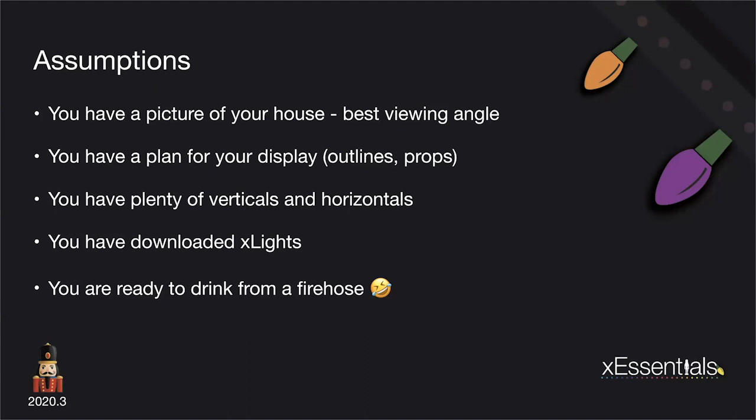The main thing that I've been told is you need to have plenty of vertical and horizontal lines. Most people have plenty of vertical lines because we're hanging pixels up, and the horizontals, I think, is what people tend to forget about. But make sure you have plenty of both, because effects going across the whole house look a lot better when you have verticals and horizontals. You've downloaded xLights, and you are ready to drink from a fire hose, because we got a lot of information coming at you tonight. I'm just kidding, really.